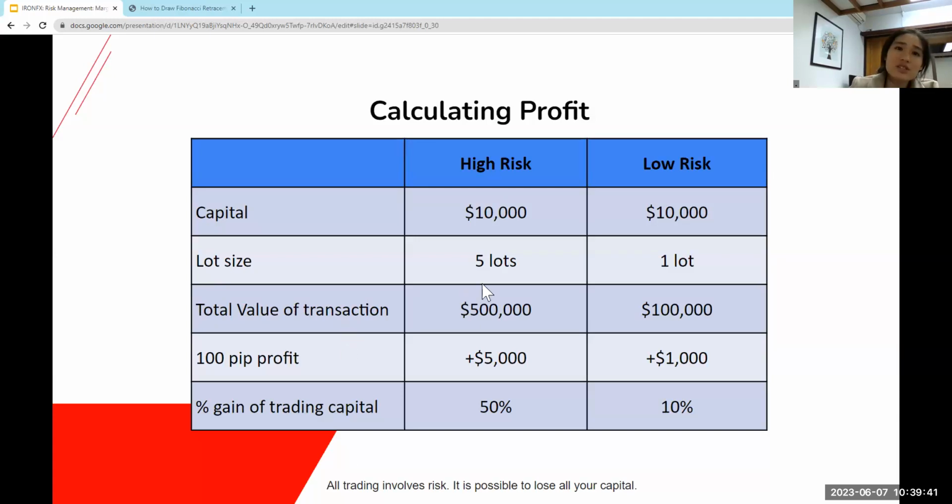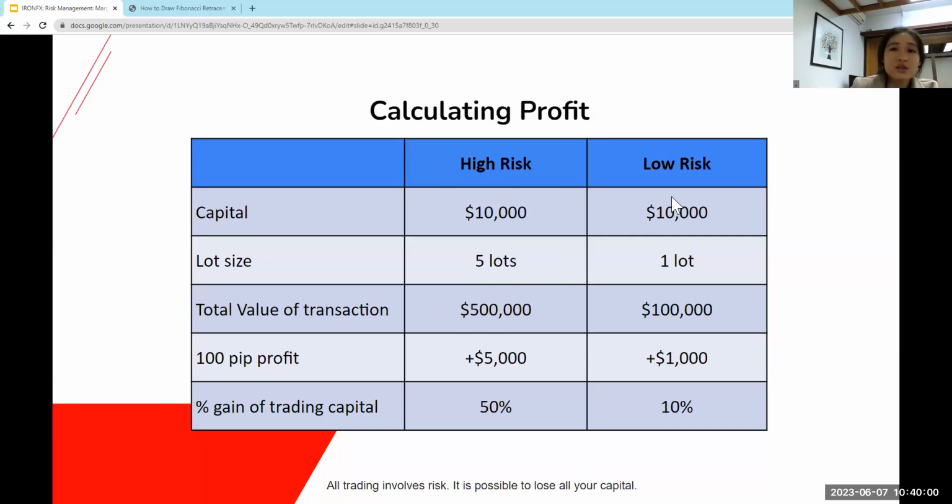Okay, 5 lots in this case means 1 to 50 leverage, which is why we have 10,000 as our capital. So your total value of transaction would then be 500,000.